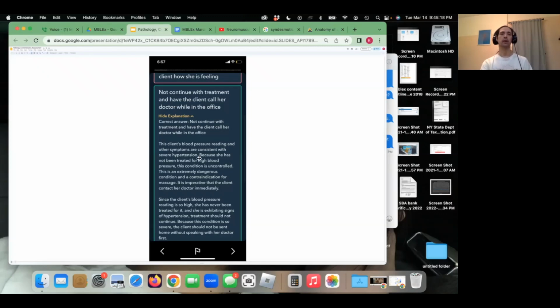By the way, what kind of contraindication is high blood pressure? Is it general or is it specific? Specific. So it's actually general because it's systemic, like body-wide.